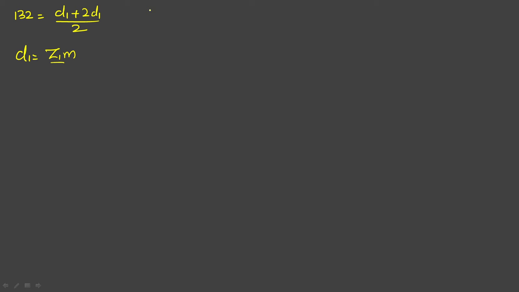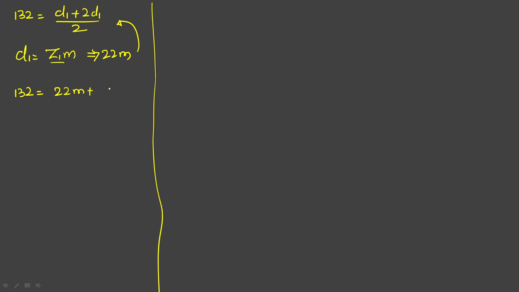Z1 is 22. Now we substitute here: D1 equal to 22 times m. Now let us substitute back in this equation. So 132 equal to 22 m plus 2 into 22 m divided by 2. You find out the value of m here.